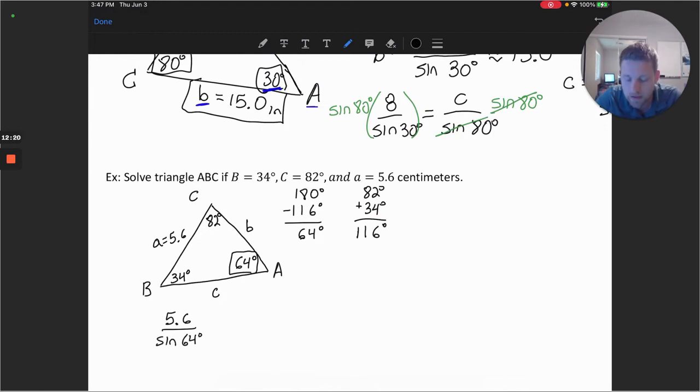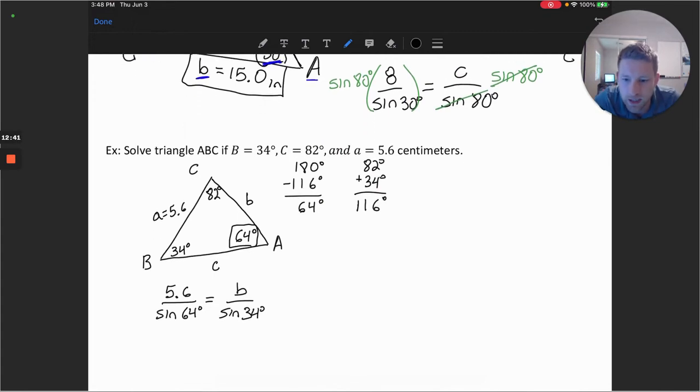That's our known angle 64. This has to be equal to the ratio from B. That's B divided by the sine of its opposite angle, which is 34 degrees. So we're starting with solving for B.